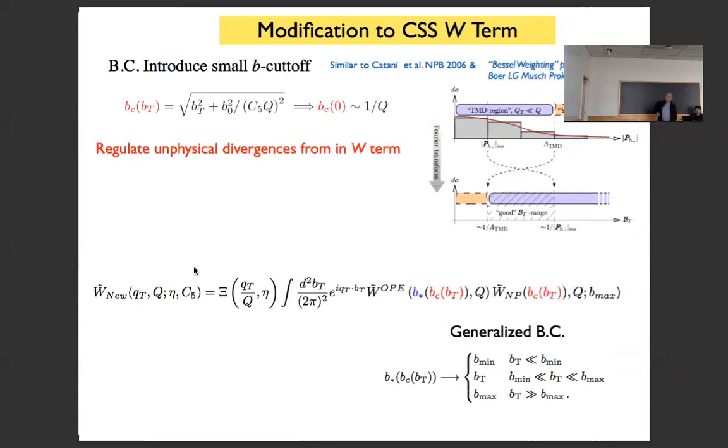Okay, so just to keep you alive and thinking, here's my W new, where I still have this OPE piece, and I have this non-perturbative contribution. And all I've done here is replace b star with bc of b star of bT. So you can think of this as just 2 boundary conditions. We had one for b max, now we have one for b min. So this is what people were doing, but we did this in a maybe a little more organized manner.